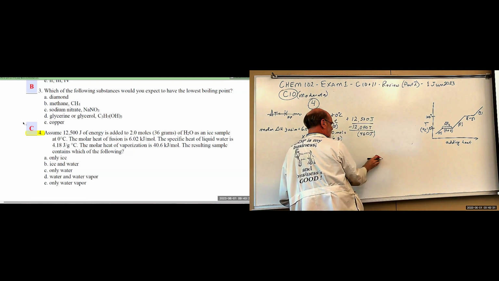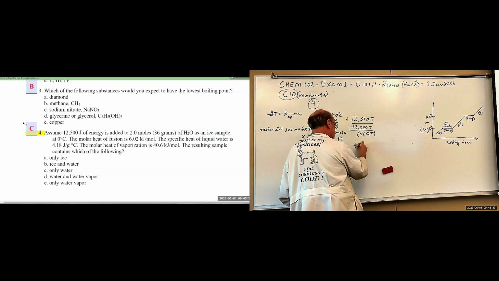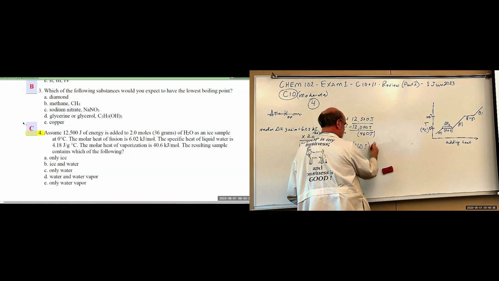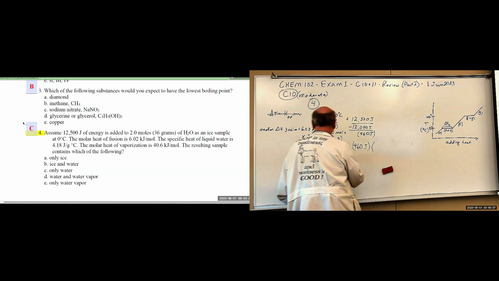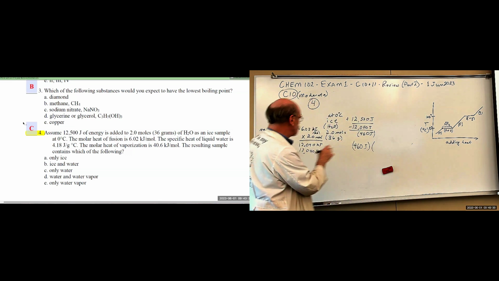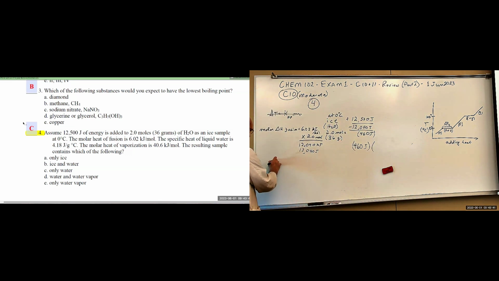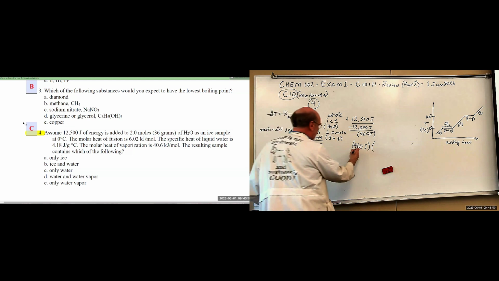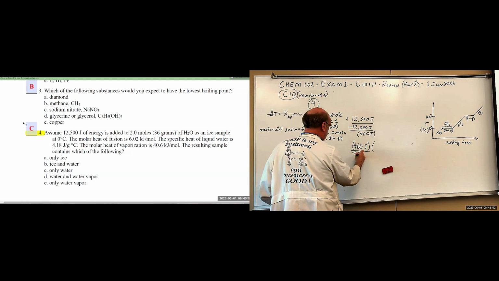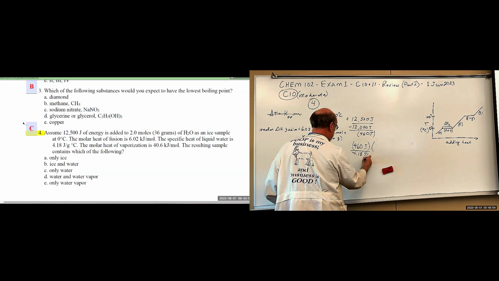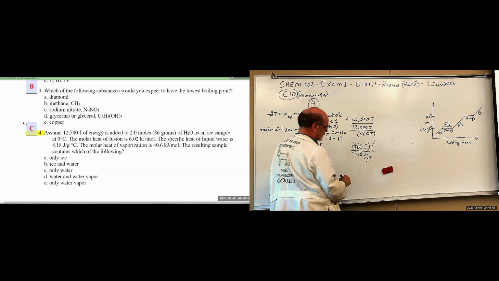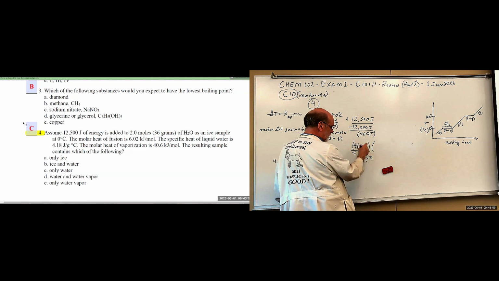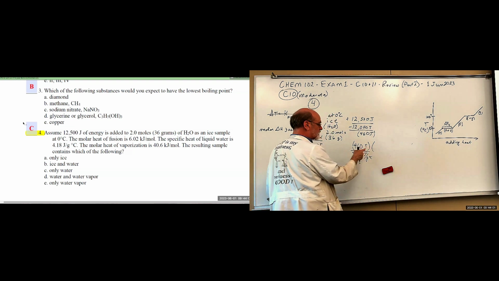I'm afraid I'm confusing everybody. We got 460 joules. If we have 4.18 joules per gram degree C, in order to cancel the joules, we need to divide by 4.18 joules per gram degree C. Right, that will cancel the joules. It'll put grams per degree C on top.